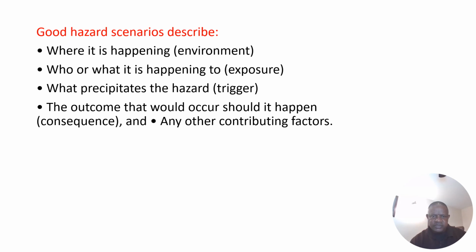And then also we say good hazard scenarios describe where it is happening, which is the environment; who or what is being affected, which is the exposure; what precipitates the hazard, which is the trigger; and then the outcome that would occur should it happen, the consequences; and any other contributing factors. These are some of the things to consider in good hazard scenarios.